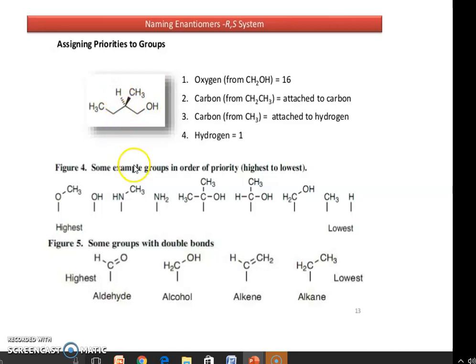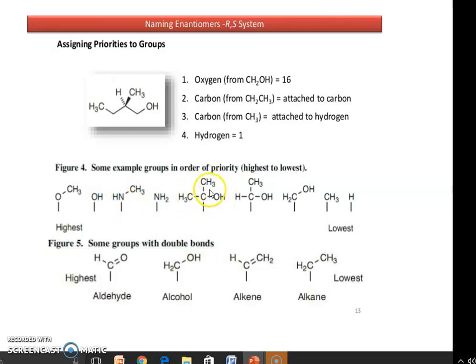Similar groups can be given in order of priority like this. This is highest and this is the lowest. Compared to this, this is lowest and this is highest. Compared to these two, this is highest and this is lowest.